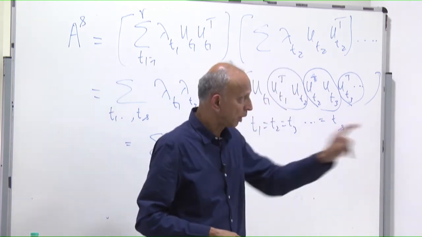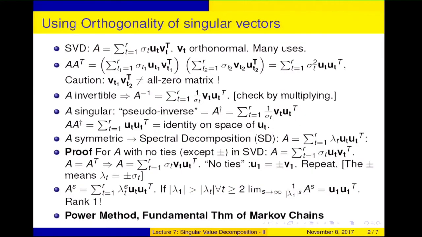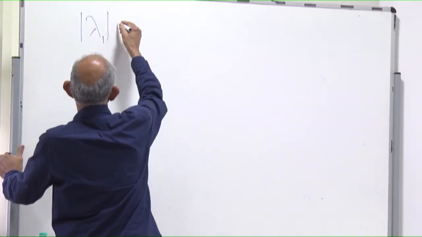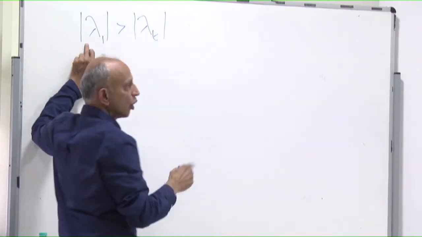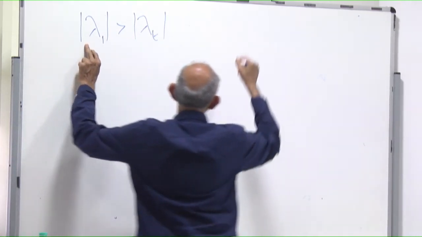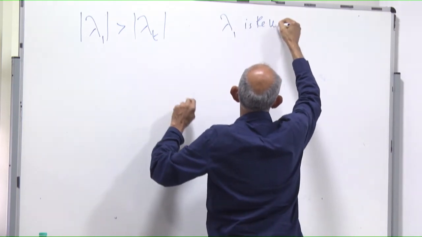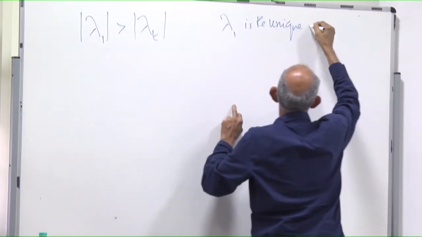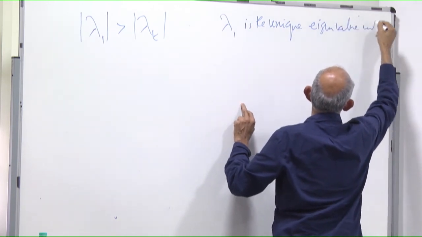Okay. But now I want to say something non-trivial. And again, that's extremely useful. So let's see why that's true. Okay, so I want to claim that if lambda 1 is the unique eigenvalue with the greatest absolute value, so in words, lambda 1 is the unique eigenvalue with greatest magnitude.